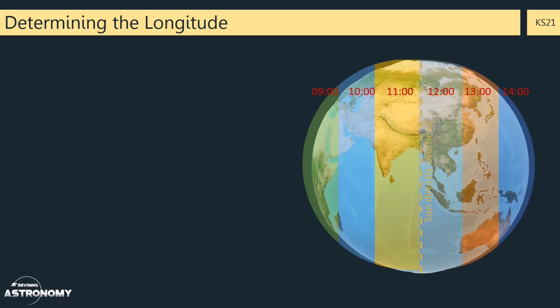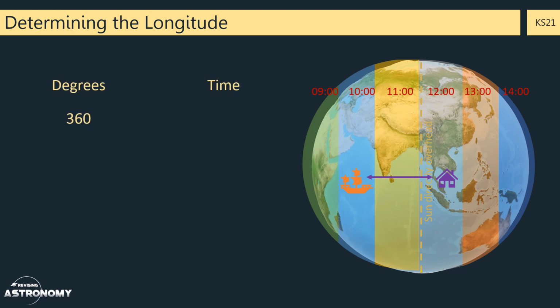So you can use this fact to determine where you are on Earth. Say, for example, you're on a boat in the sea here, and you know that it's currently 10 o'clock. You phone someone back at your home, and they tell you that the current time there is 12 o'clock. Well, you can use this fact to determine how far away from them you are. We know that the full degrees around the globe was 360.